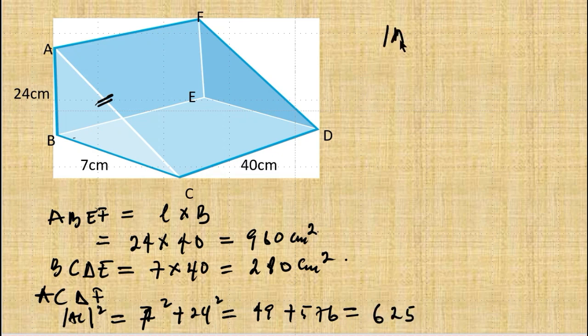AC will come from the square root of 625, which is 25.